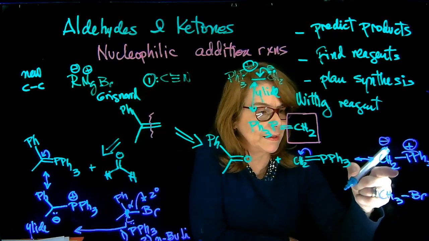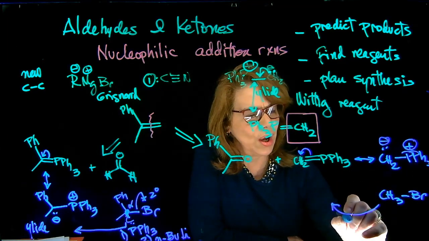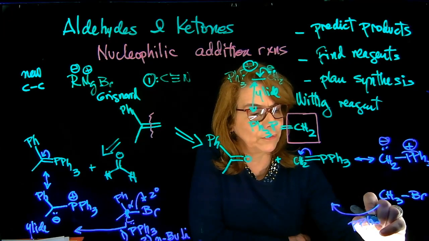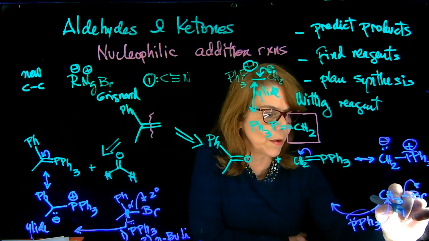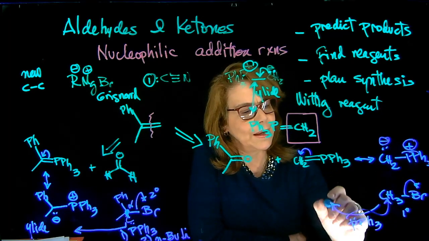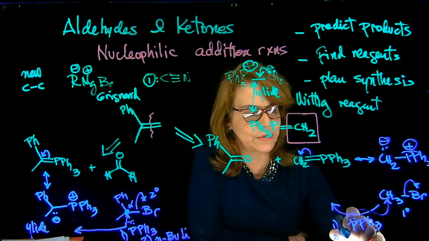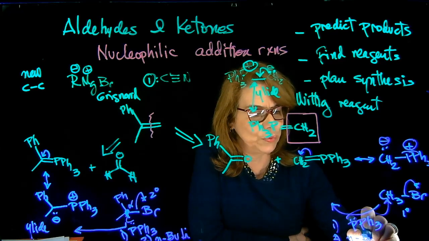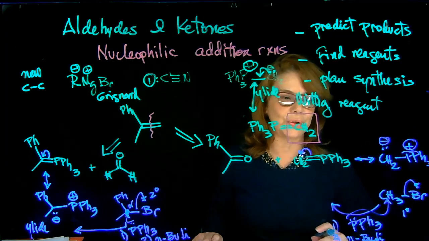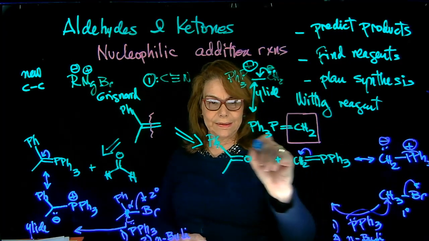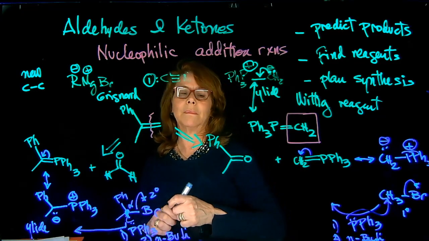So how do I make this from methyl bromide? First, I need to treat it with triphenylphosphine, and that is an SN2 reaction. And this is a primary alkyl halide. And so that's my first step. In second, I need to remove an H here, so I will use n-butyllithium to remove that H. So this is how I do it. Once I have my ylide, that with my ketone here, I'll make my target molecule.